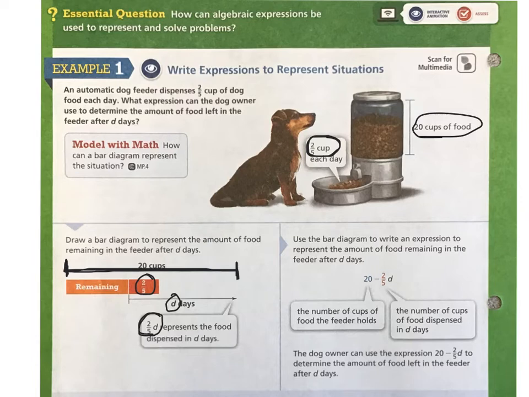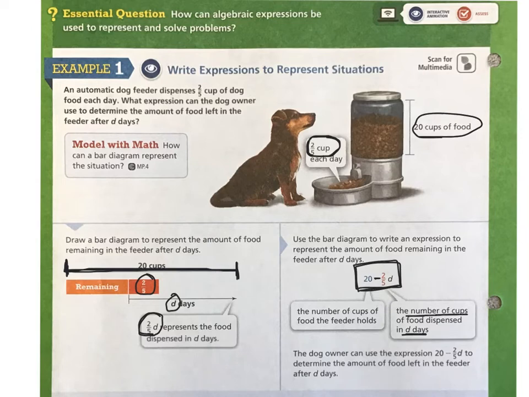The amount that's remaining is what happens when we subtract that from the 20 cups, which is the total amount that the feeder holds. So using the bar diagram, the 20 represents 1 whole, and we're going to take away, or subtract, the 2/5 times D, which is the number of cups of food dispensed after however many days we are dispensing that food.